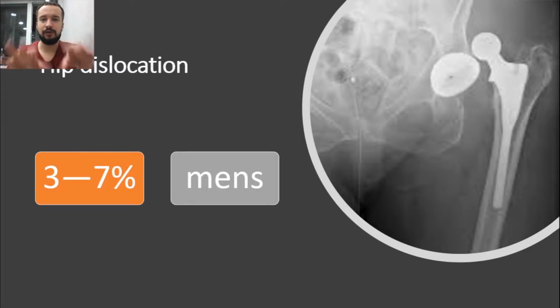Of course, women have another structure and anatomy of this joint, and it's harder for women to have a hip dislocation.